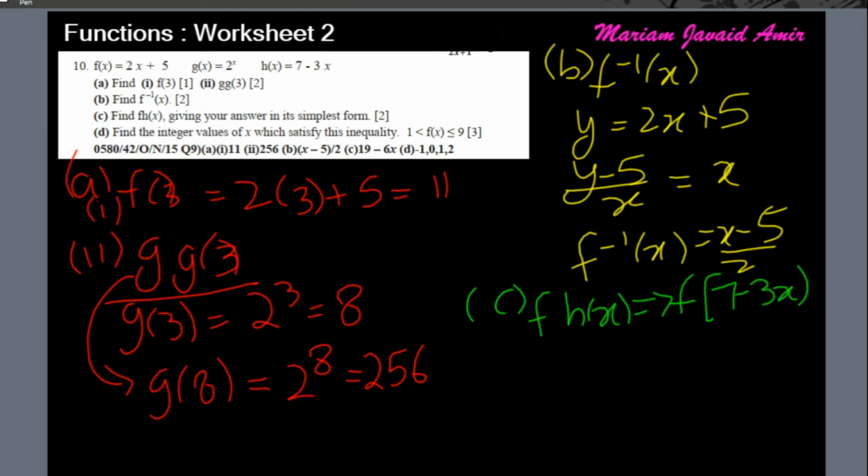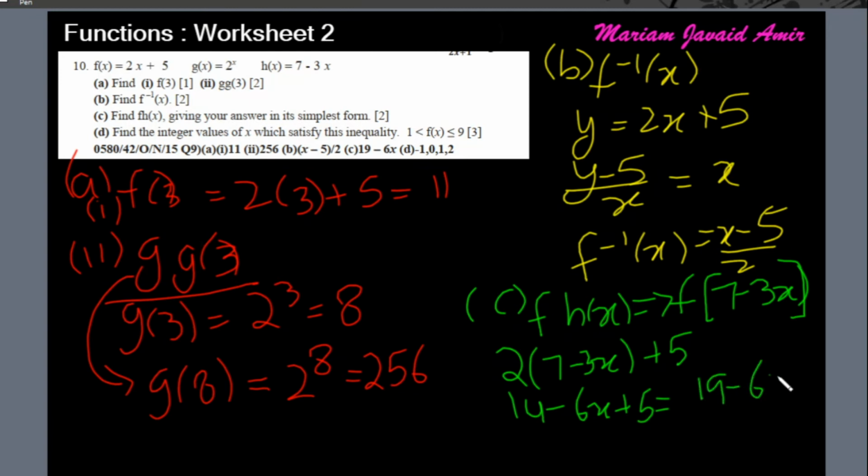So in f(x), I'll change x with 7 minus 3x. So this becomes 2 times (7 minus 3x) plus 5. So I get 14 minus 6x plus 5. So 19 minus 6x.